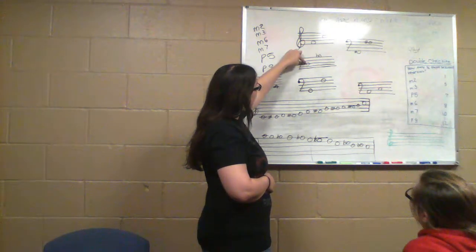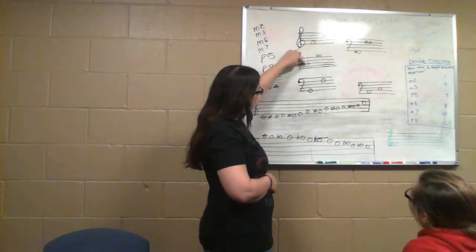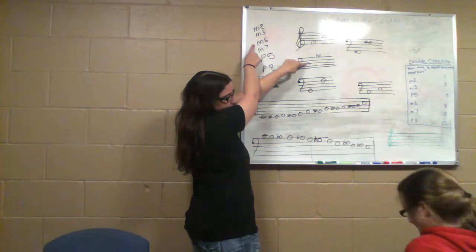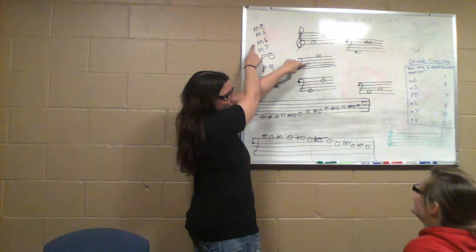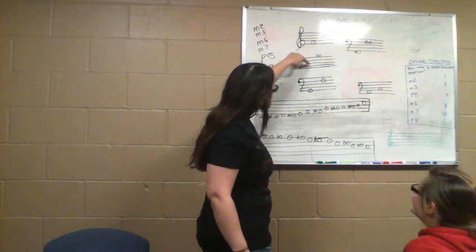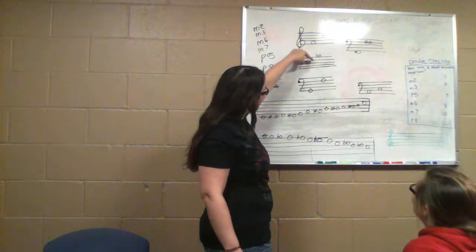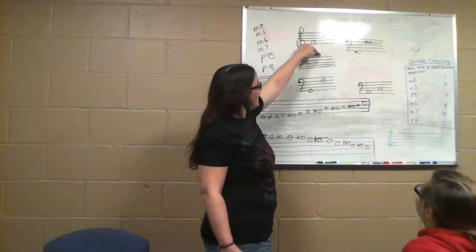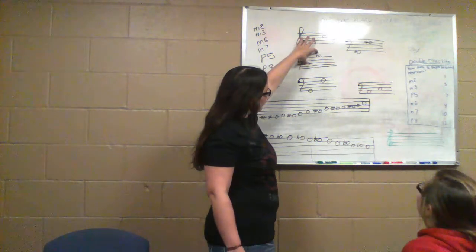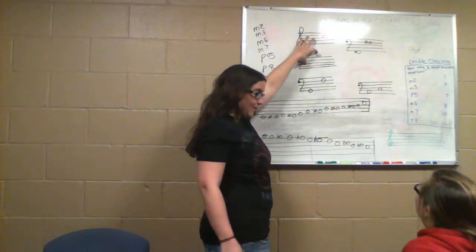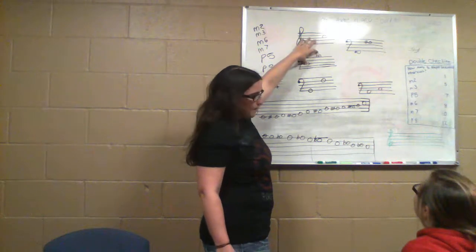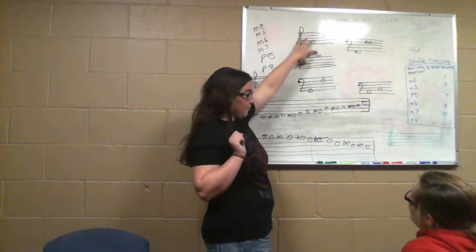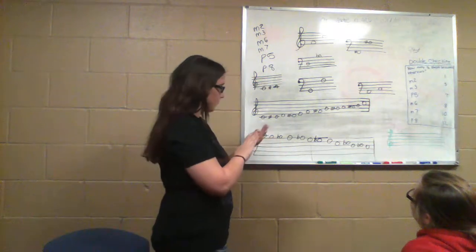We're going to start on the D and go up how many steps? If it's a minor 6, how many steps? 6. So 1, 2, 3, 4, 5, 6. It has to be diatonic within the D minor scale, so it's going to be B flat, not B natural like it would be in the major scale.